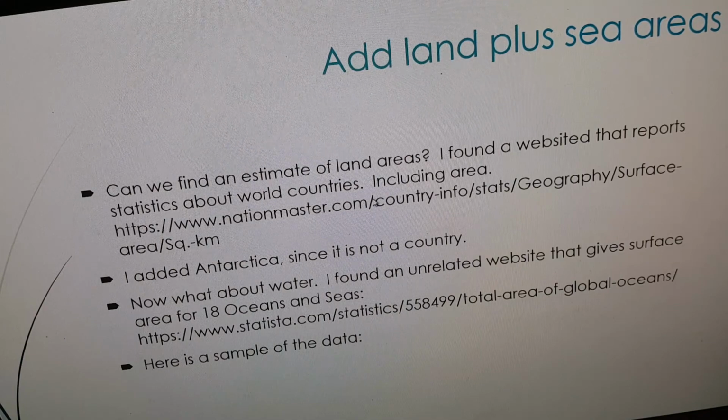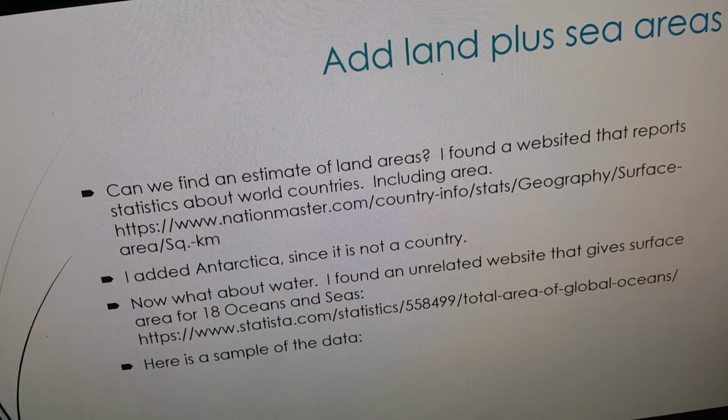By the way, they have a limit to how much you can look at unless you pay a subscription fee. So that's the first one. I added in Antarctica because it's not a country.